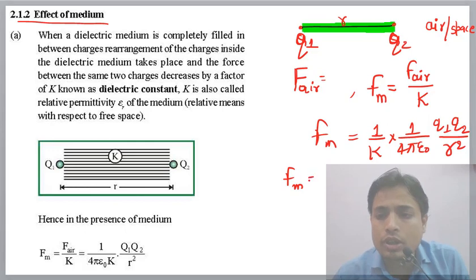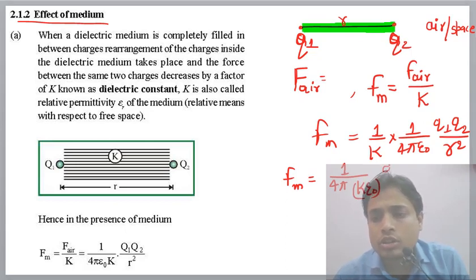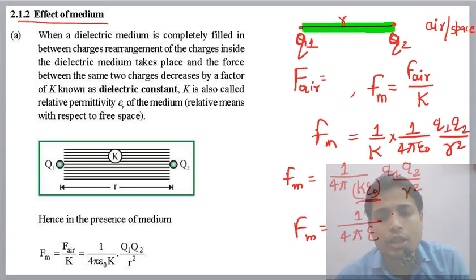Fm equal to, we can write, 1 upon 4 pi k epsilon naught q1 q2 upon r square, and now we can write Fm is equal to 1 upon 4 pi, in its place I am writing epsilon, pay attention, epsilon upon r square.